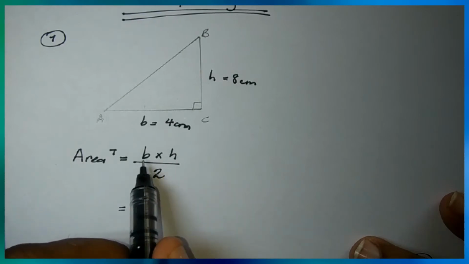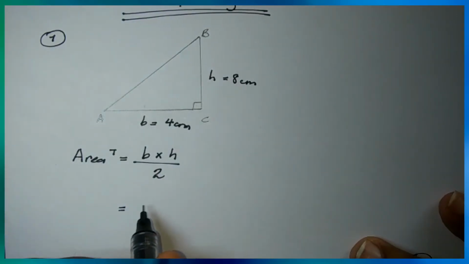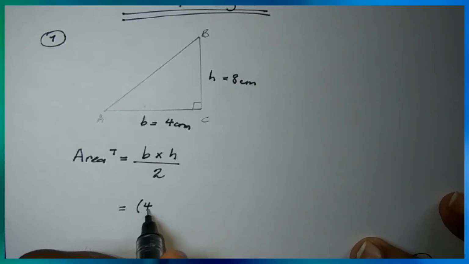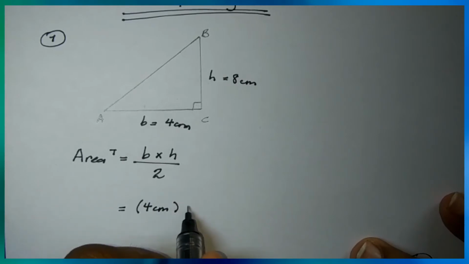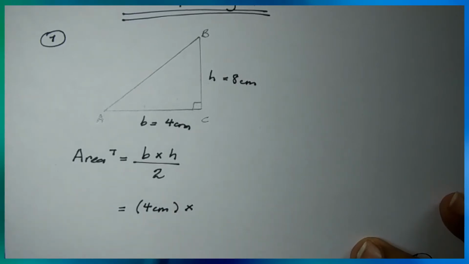So I'm replacing the B with the actual value of my base, which is 4 centimeters. Following the formula comes times, and I'm replacing H with the actual height of the triangle, which is 8 centimeters. I put them in brackets to show that I'm substituting them. Then following the formula, it says I will divide by 2.